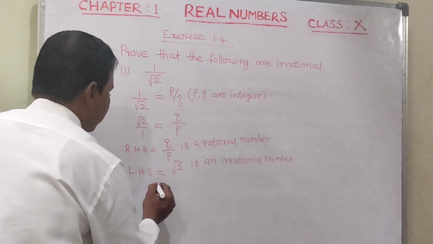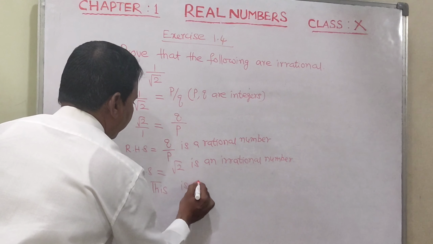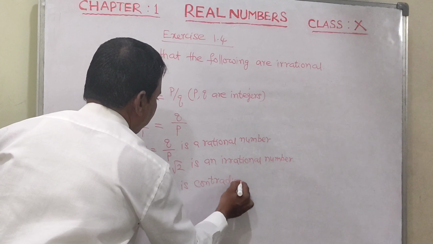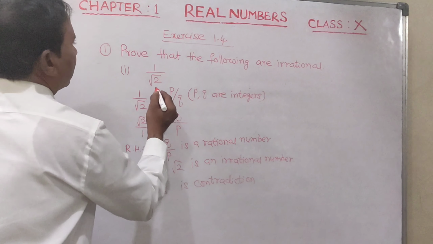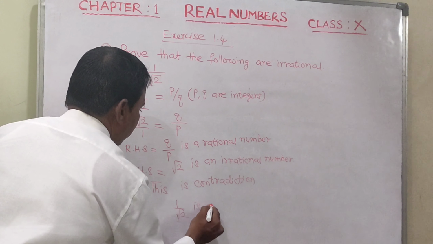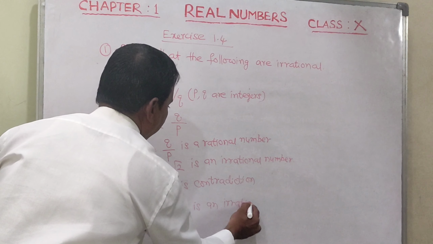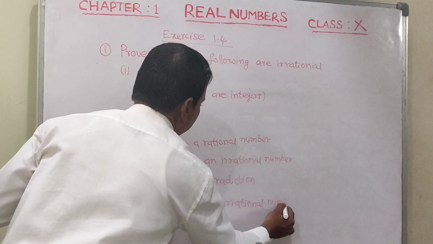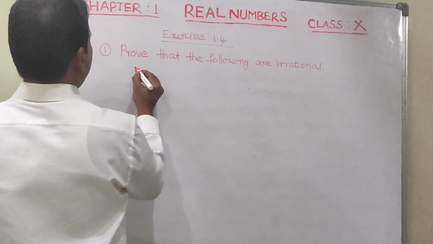So, we can say this is a contradiction. So by this we can say 1 by root 2 is an irrational number. This is the first problem.